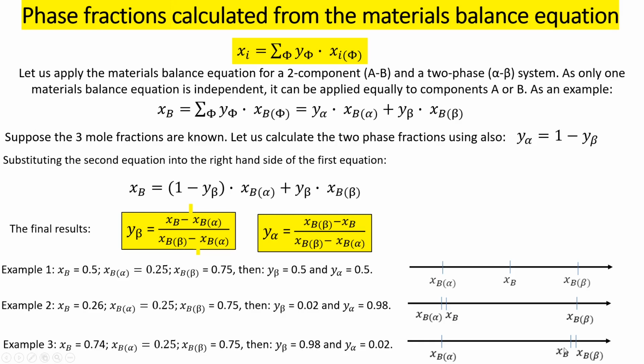So obviously the system is mostly made of phase beta, and we have only a very small amount of phase alpha. So the rule is confirmed, and the rule is again that if the average composition is close to the compositions of one of the phases and is far from the composition of another phase, then the majority phase in the system will be the one to which the average composition is close.